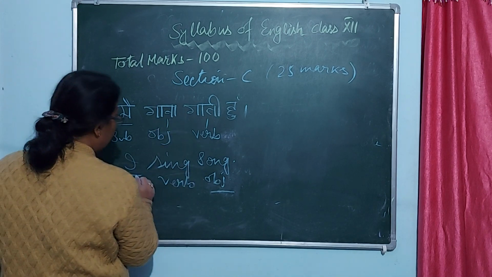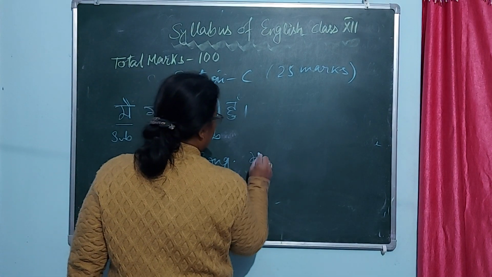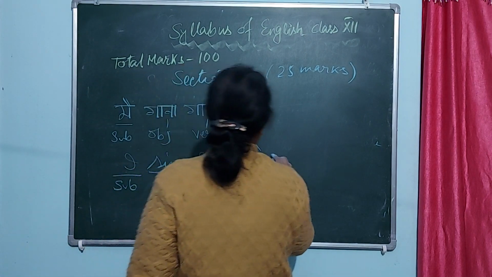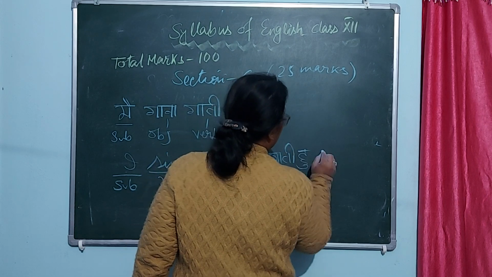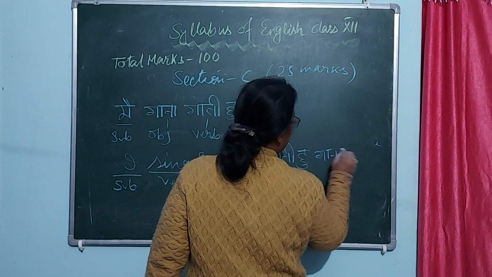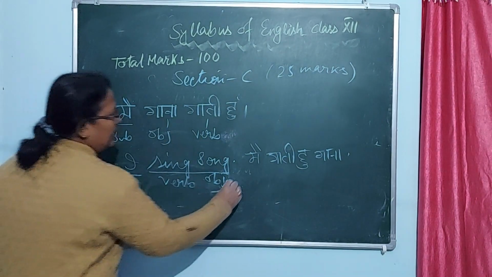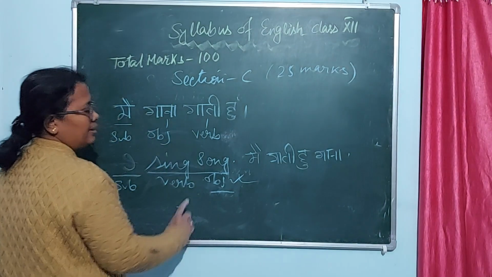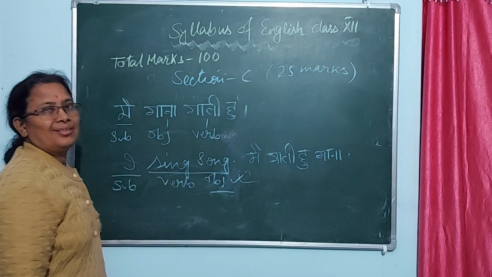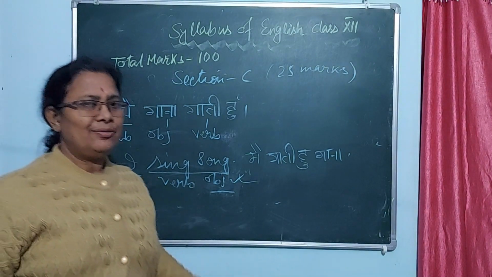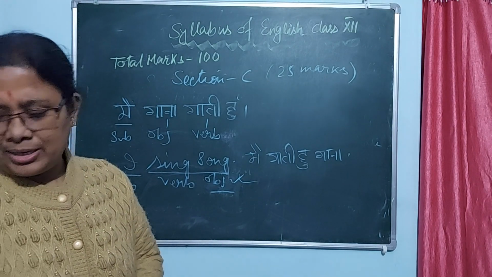That means if we arrange the Hindi words in such a way, मैं गाती हूँ गाना, only then will it be correct. So मैं गाती हूँ गाना. I sing song. So if you practice, you can get it.